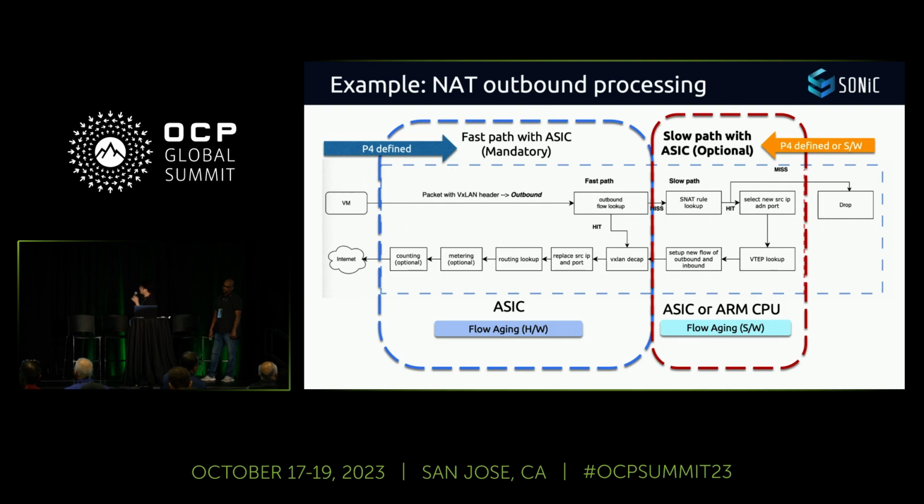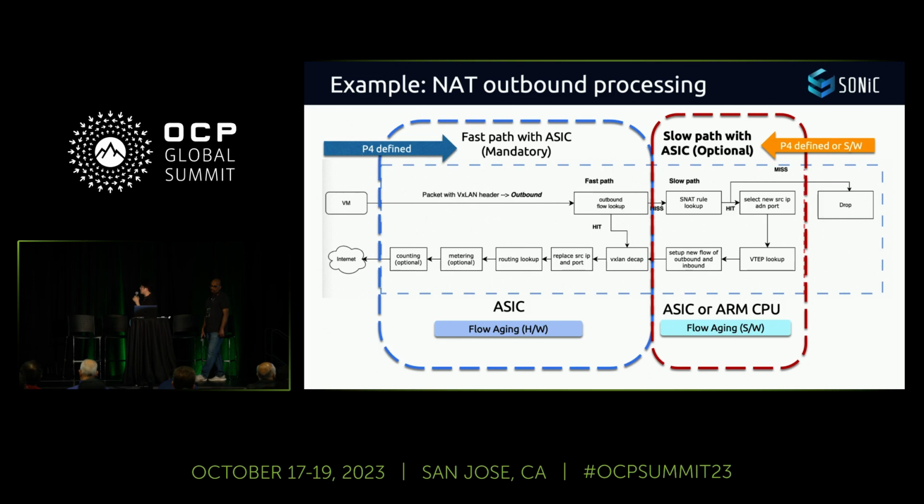Here is a simple processing behavior of the net service. The blue block is defined as the mandatory one, which is ASIC-supported P4 programmed processing, and the slow path is optional for ASIC.